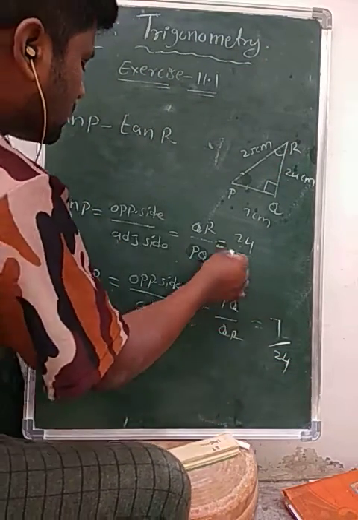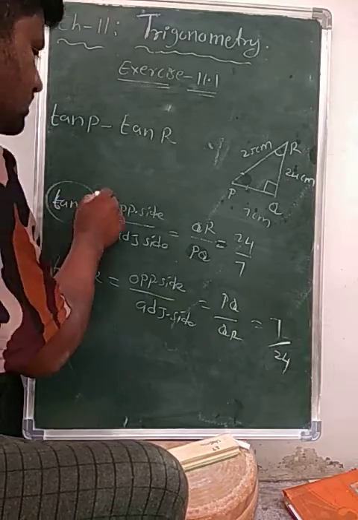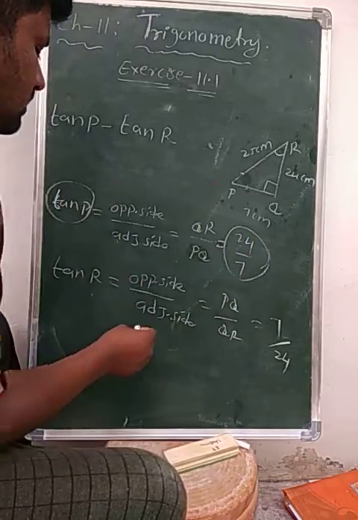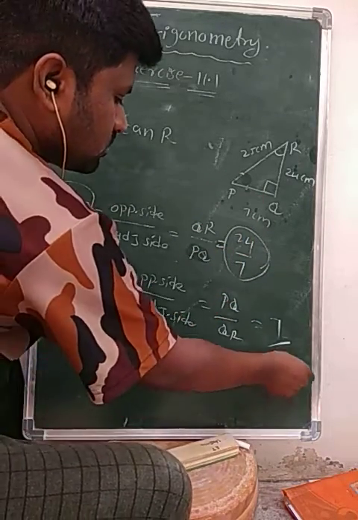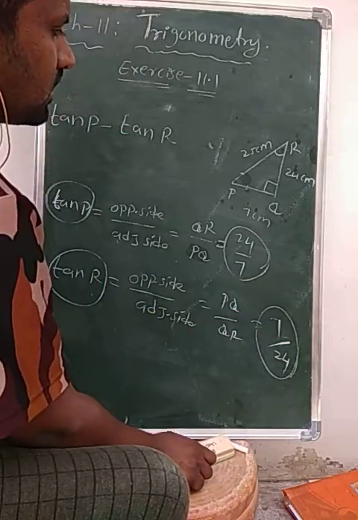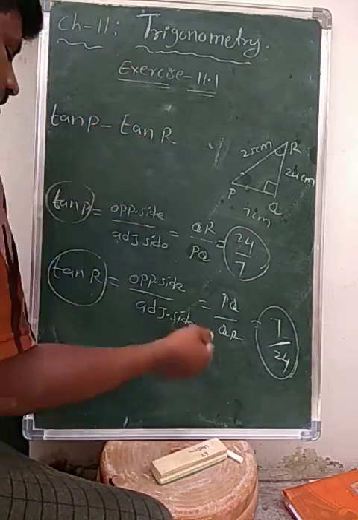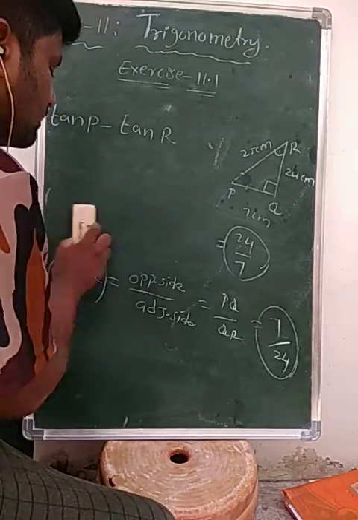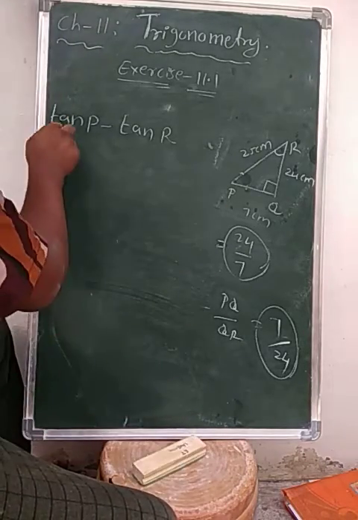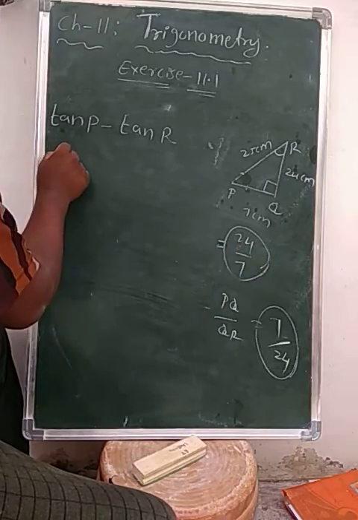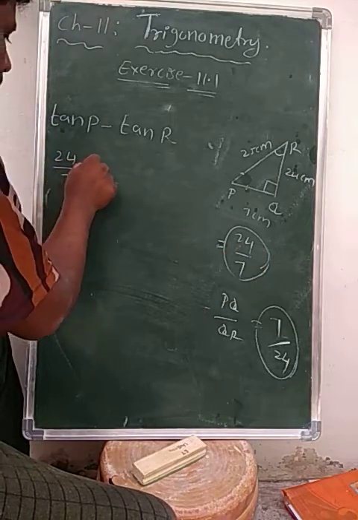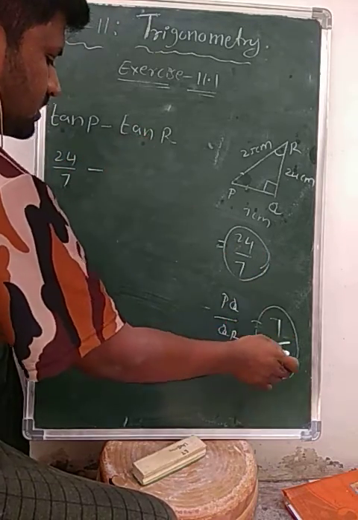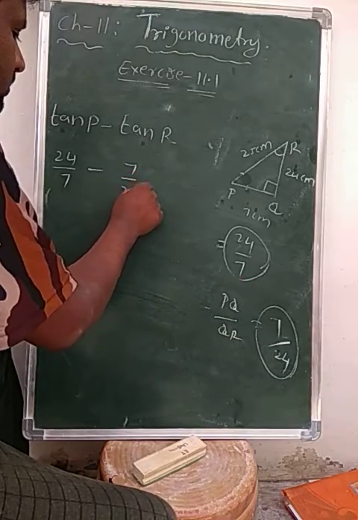So now I am going to substitute the values. Tan P is equal to 24 by 7 and tan R is equal to 7 by 24. Then tan P minus tan R is 24 by 7 minus 7 by 24.